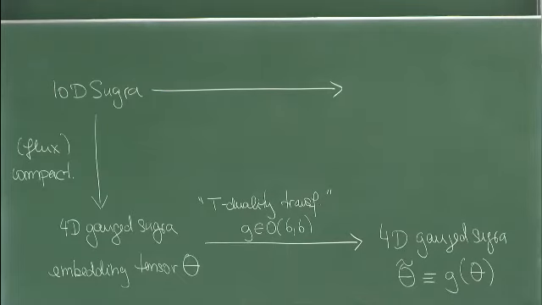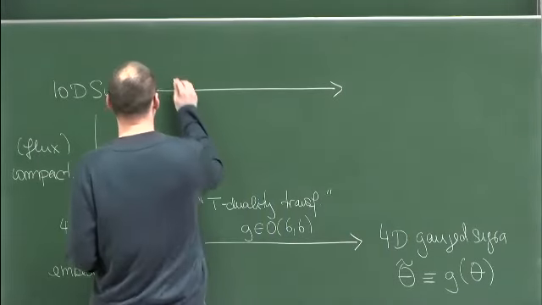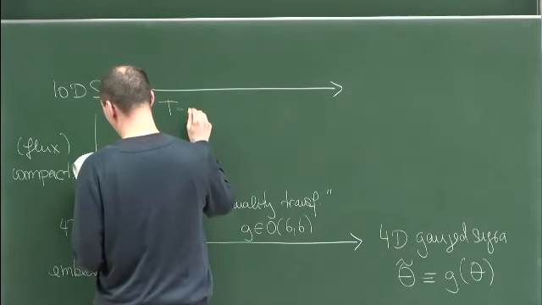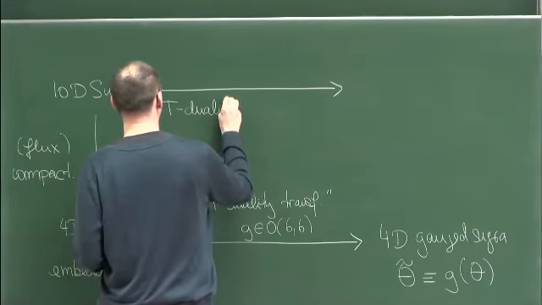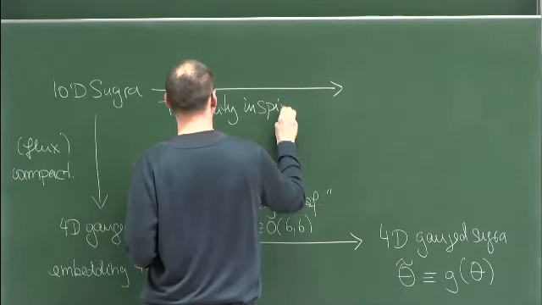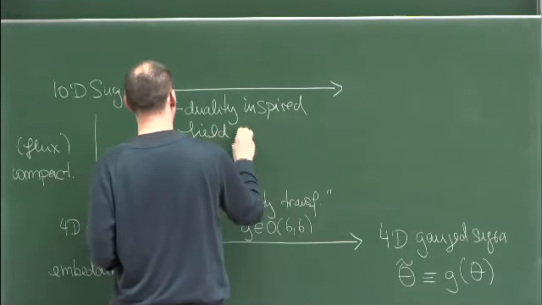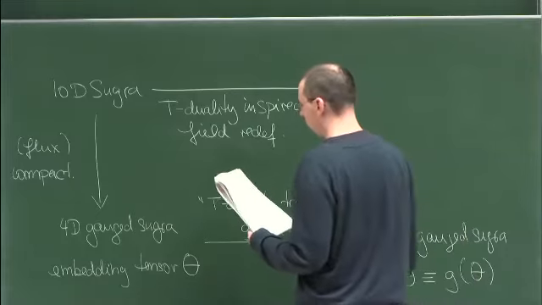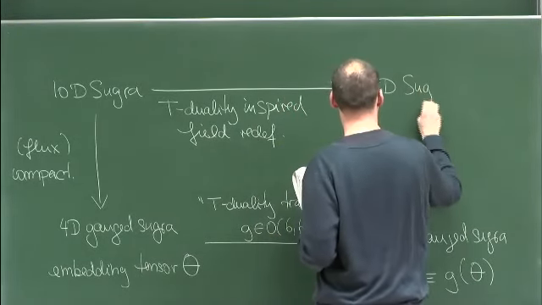So they have performed a field redefinition that takes the form of a T-duality transformation, the same way as you can do it in the lower dimensional theory. So they performed a T-duality inspired field redefinition to obtain a new 10-dimensional supergravity theory.